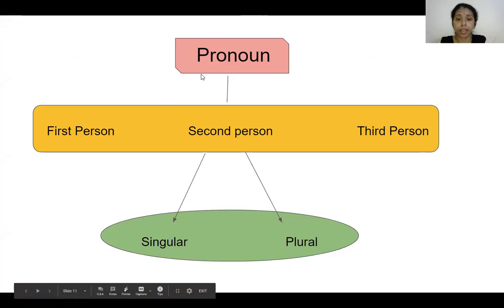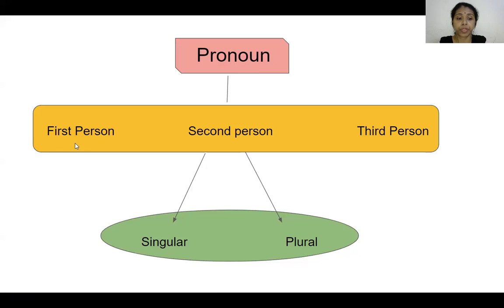Now, next, pronouns we always need to use person-wise, meaning first person, second person, third person. Now the question is, what is person?